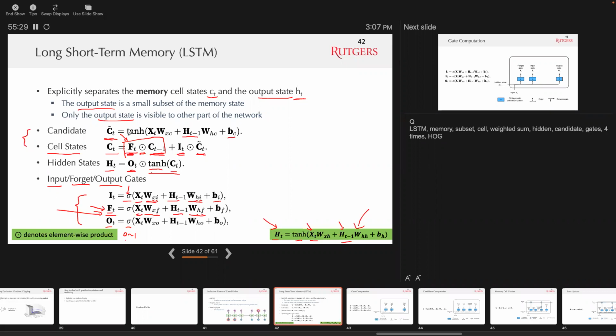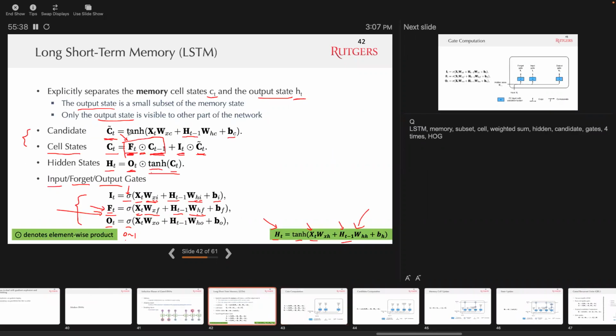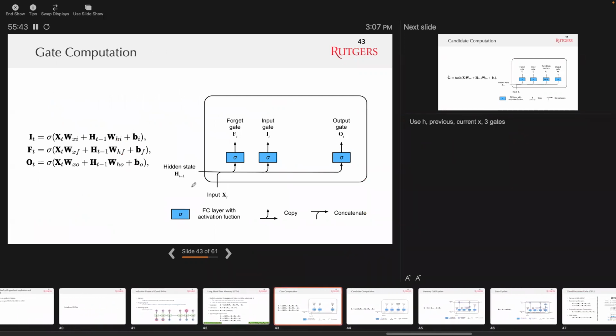Okay, so this is LSTM, and we're going to briefly go through some visualization, and we're going to end this lecture. This is one of the diagrams to show the whole process of computing LSTM. The first step is to compute the three gates: the forget gate, the input gate, and the output gate. To compute these gates, you need the previous output state or hidden state as input. You also need the current input, so you can see that this is your x and this is your h.